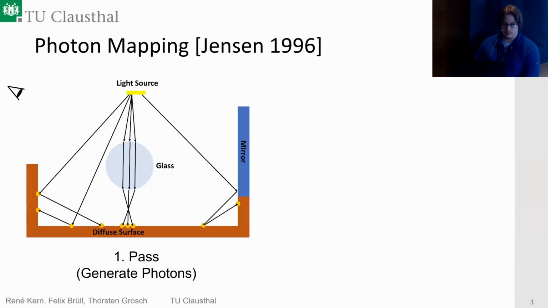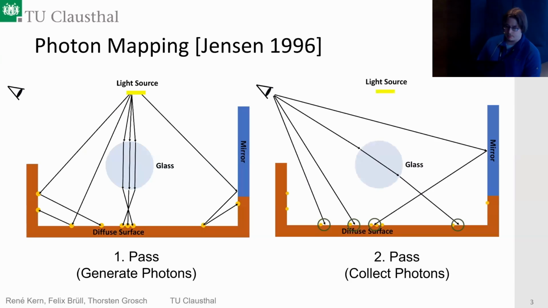First off, we have the normal photon mapping by Jensen, which is a two-pass global illumination algorithm. In the first pass, the photons are distributed through the scene from a light source, and the photons are then stored on diffuse surfaces. In the second pass, we want to collect those photons. For that, we use camera rays.